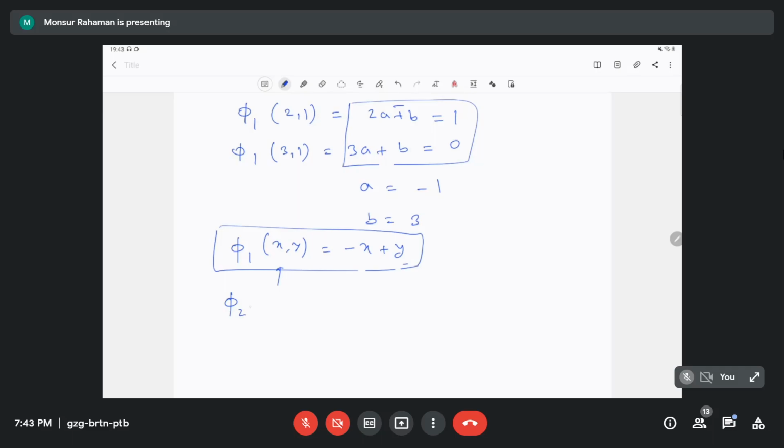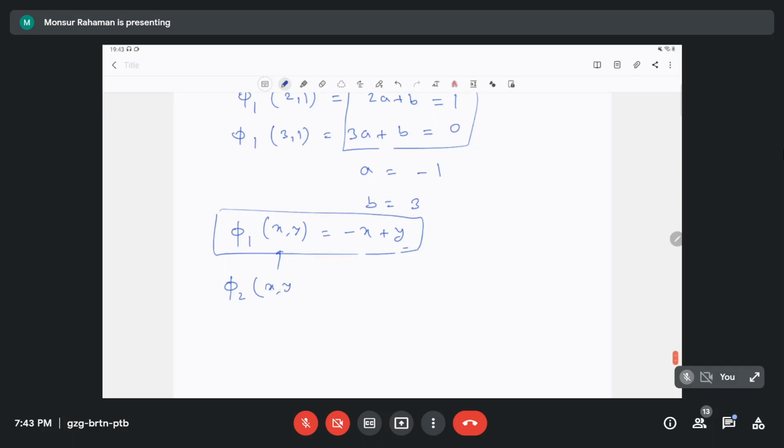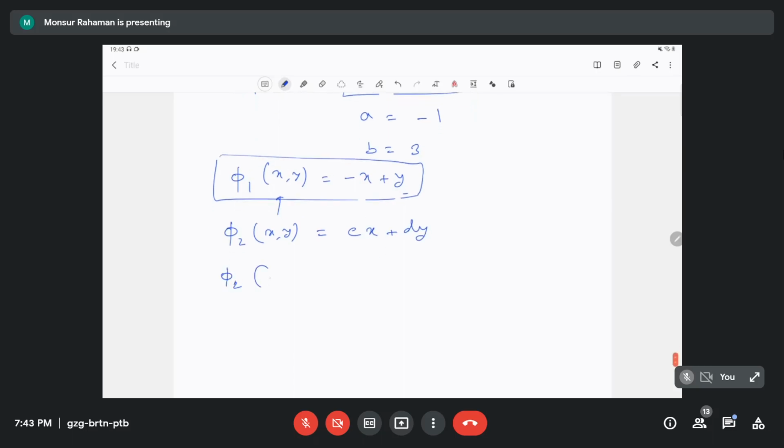And now you have to find phi 2. Again we consider phi of (x, y) equal to some cx plus dy, and phi 2 of v1 is 0, this is given, and phi 2 of v2 is equal to 1, this is given. So phi 2 of (2, 1) is 2c plus d, which is 0, and phi 2 of (3, 1) is 3c plus d equal to 1.